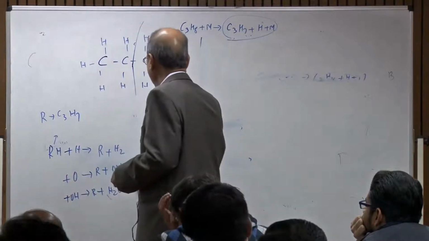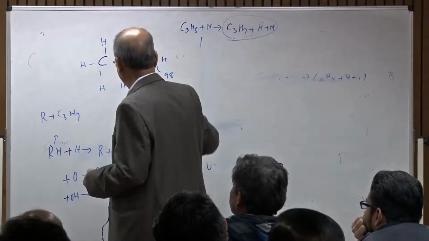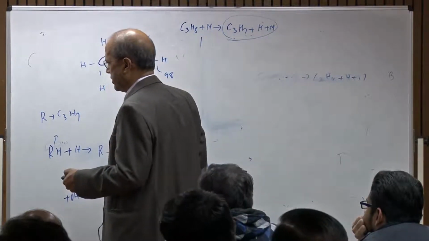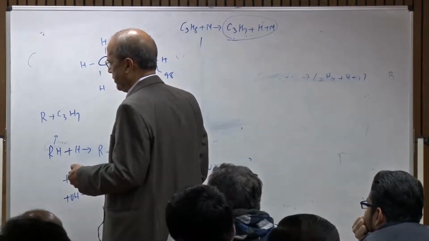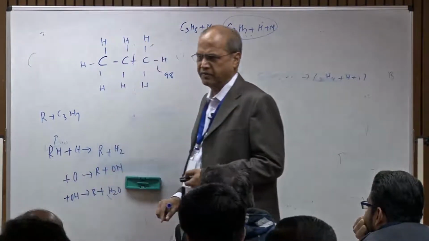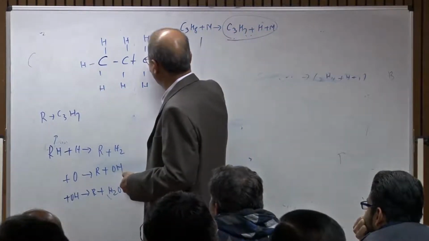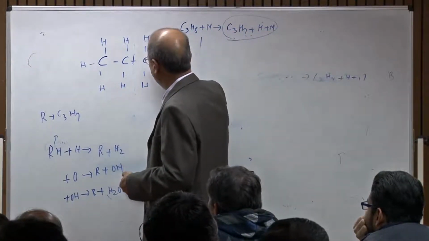So what is primary? A primary CH bond has one C atom bonded with one C and 3 H atoms. It's very clear with this example. So 3 H atoms and 1 C atom.